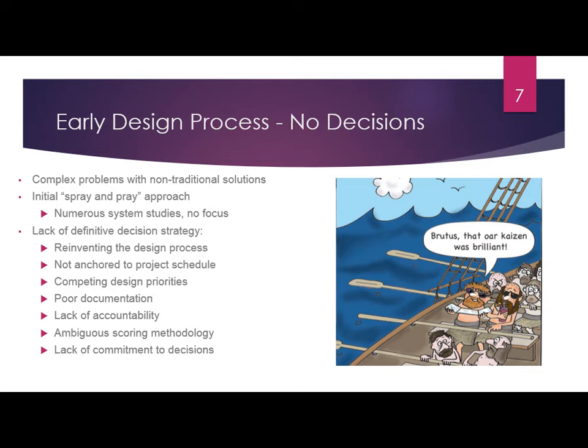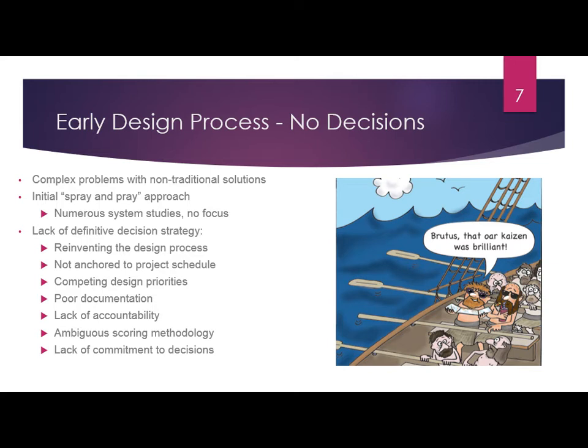Reinventing the design process over and over. The decisions were not anchored to the project schedule. They had competing design priorities. They didn't know which decision came first. Poor documentation. Lack of accountability. Somebody would say something and there was no way to follow up.